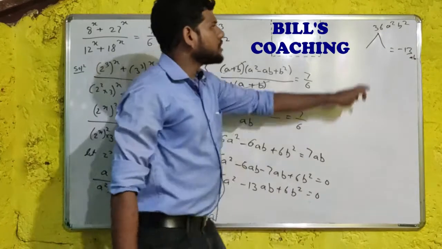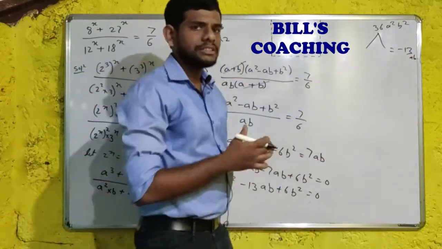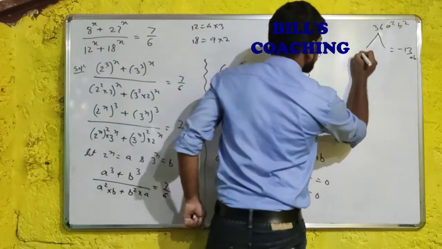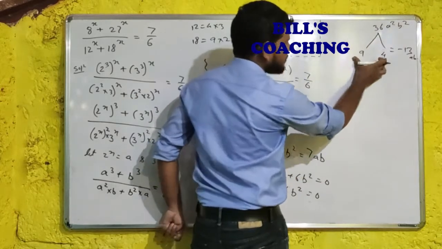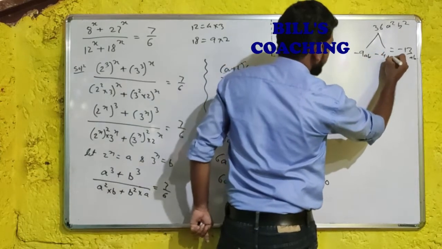Concentrate on these two terms: if we multiply them we get 36, and after adding we get 13. The only numbers possible are 9 and 4, since 9 times 4 is 36, and 9 plus 4 is 13. So give a minus sign over here, with ab and ab.